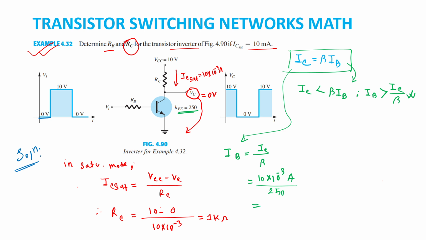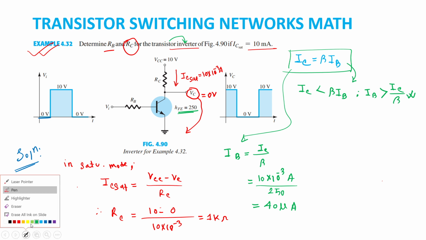Then we find the base current is approximately 40 microampere. So for the transistor acting as a switch, the base current must be greater than 40 microampere.